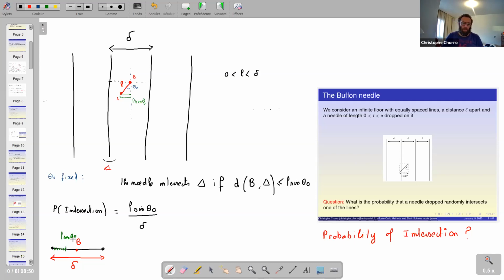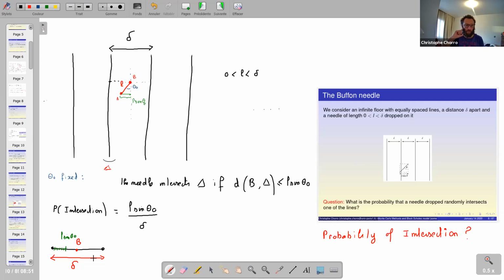So my probability to intersect in the case where theta 0 is fixed is given by L sine theta 0, the length of this interval, over the distance between two lines. Because I want to obtain the probability that B lies in the green, that is just the length of the green over the total length, that is delta.